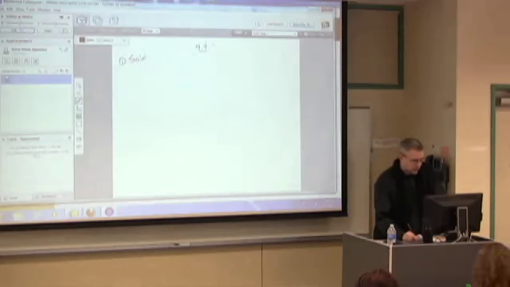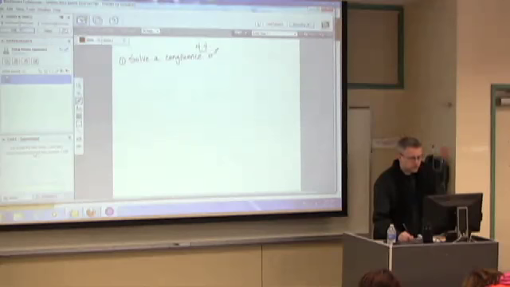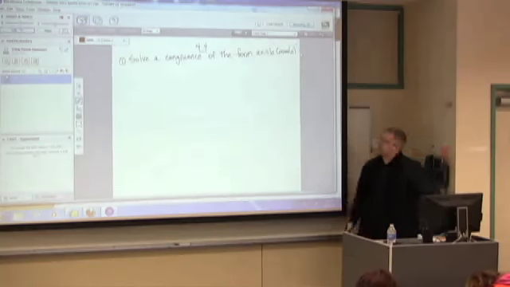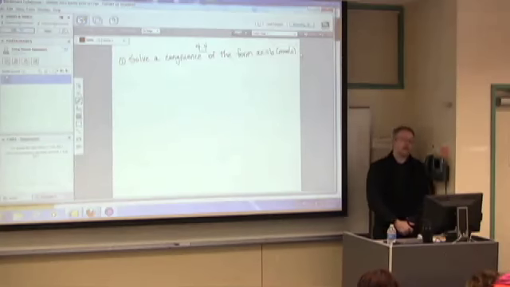First thing you should know how to do is solve a congruence, just a single congruence in one variable. And we'll look at a couple examples. Certainly we've discussed this.